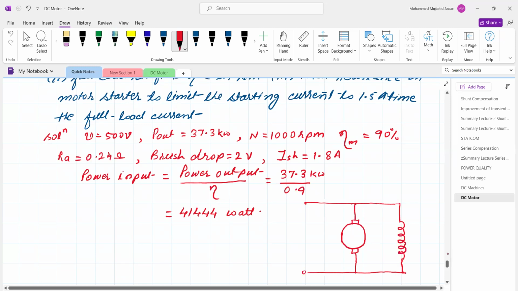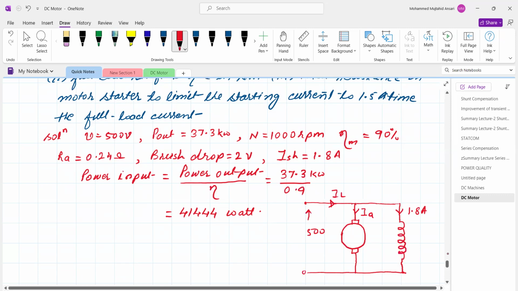So here the voltage is 500 and armature resistance, this is the shunt field current, it is 1.8 ampere. This is the armature current IA and the motor current is IL, or load current.